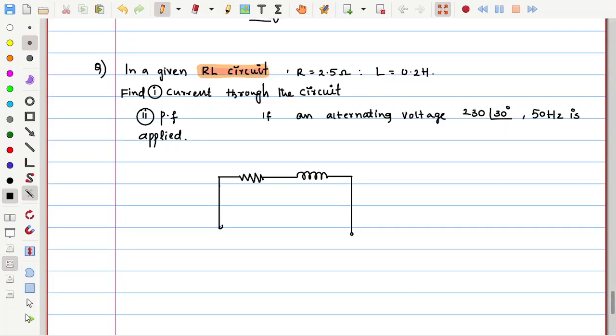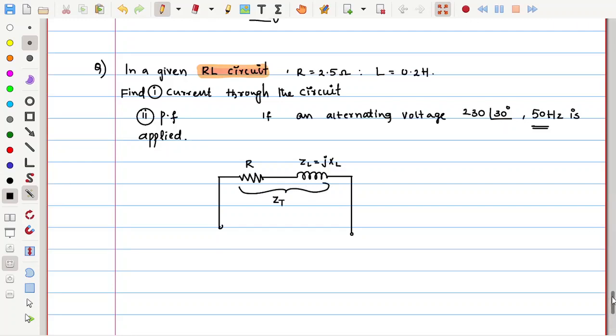Because we are dealing with frequency, that is an AC alternating supply, try to put the corresponding impedances as R and jXL, or simply ZL. And this is the total impedance of the circuit.